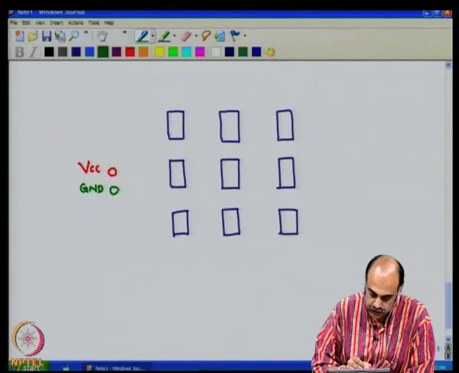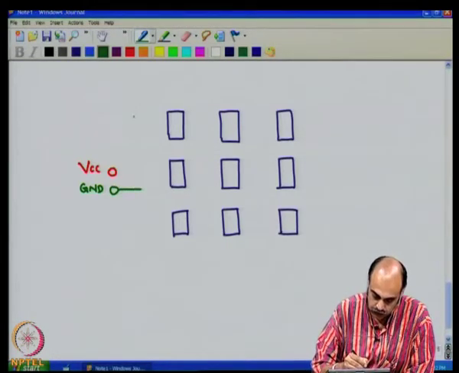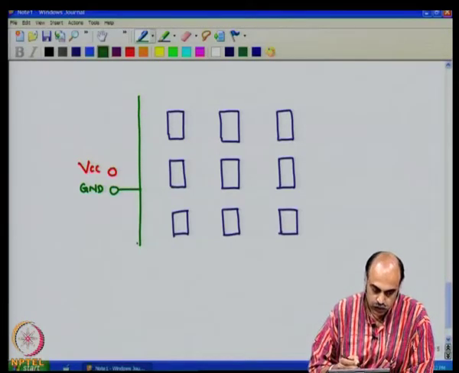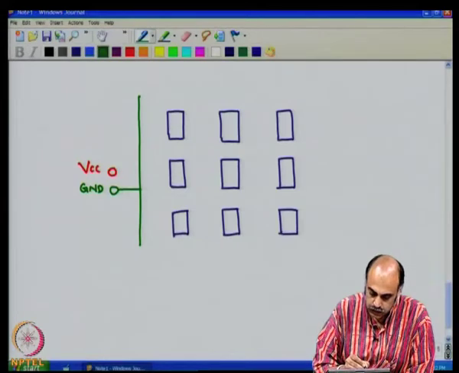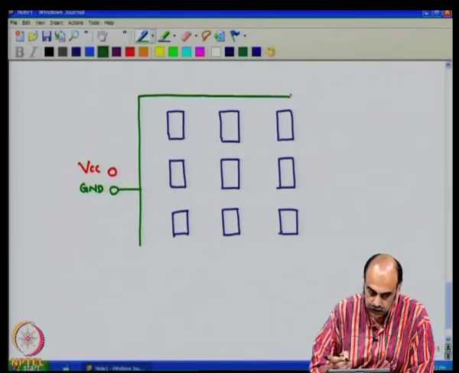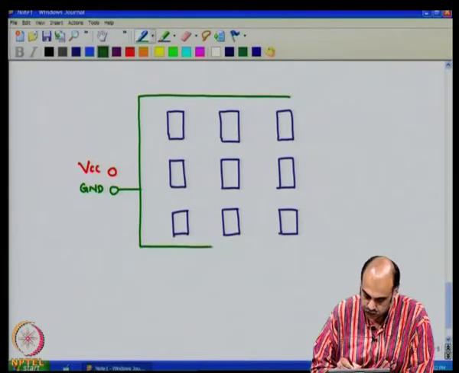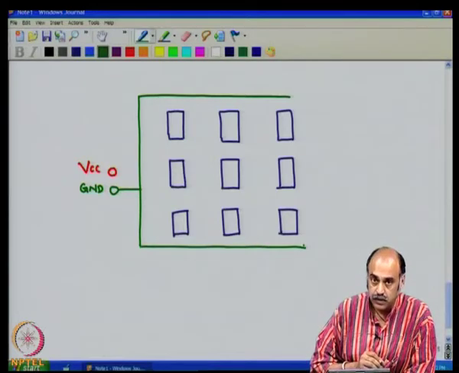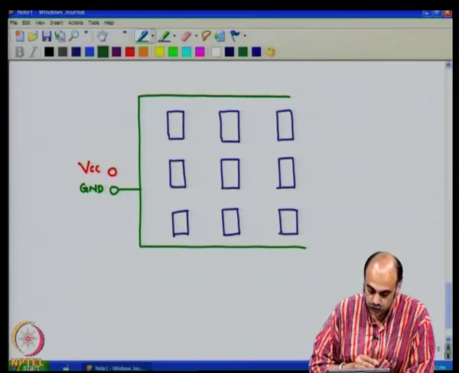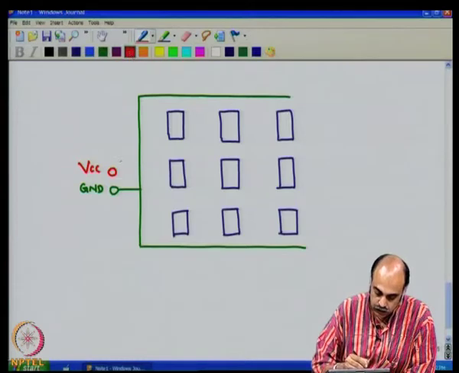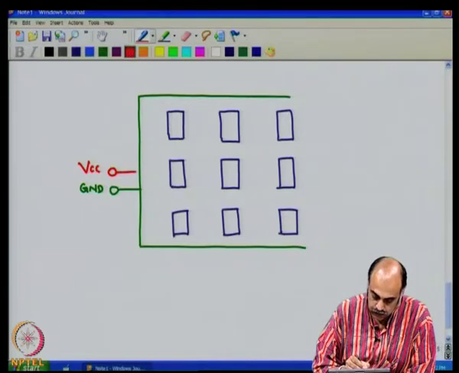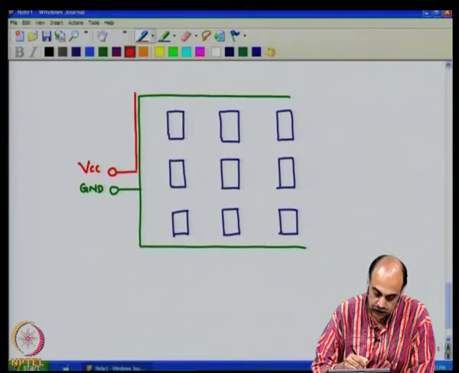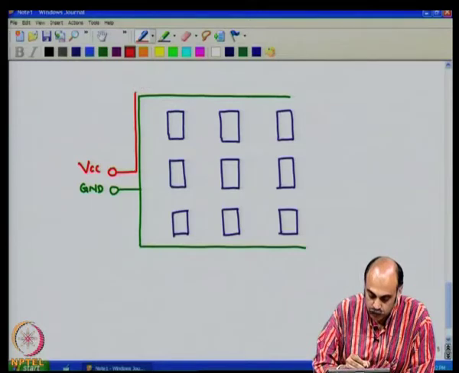Now, let us say from the ground, thick ground line, you take out these two lines and it goes right through on both sides on the edge of the printed wiring board, and then you have the VCC or the supply line slightly thinner than the ground, but overlapping.